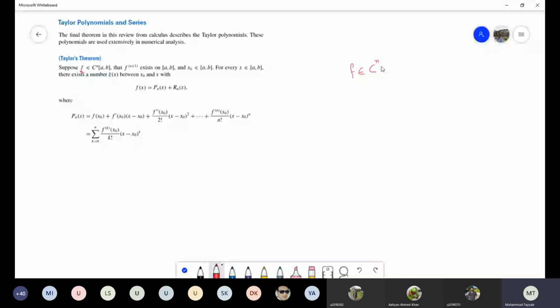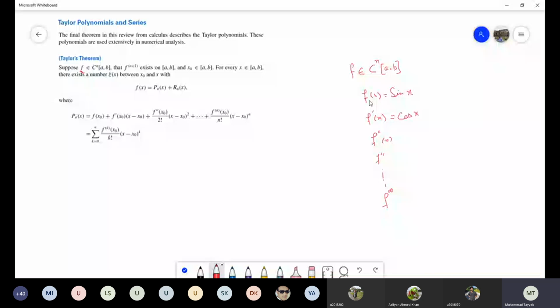Let me say there is a function f of x is equal to sine x. So what would be the first differentiation of this function? What is the differentiation of sine? Which is cos x. Similarly, the f double prime, f triple prime, and so on. So this will move up to infinity.